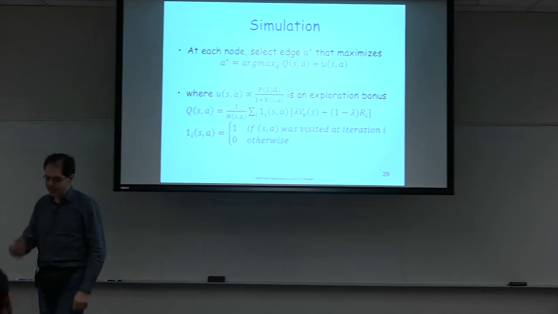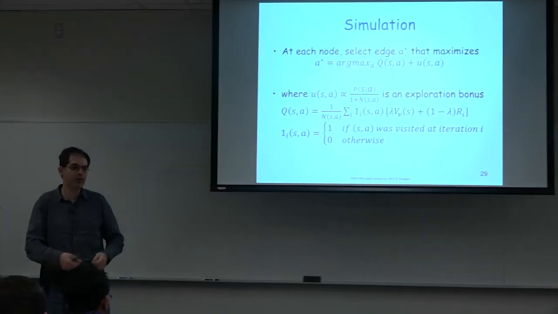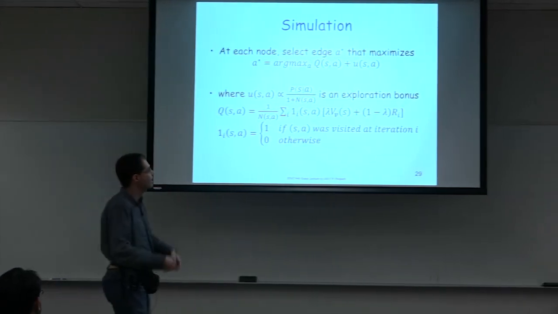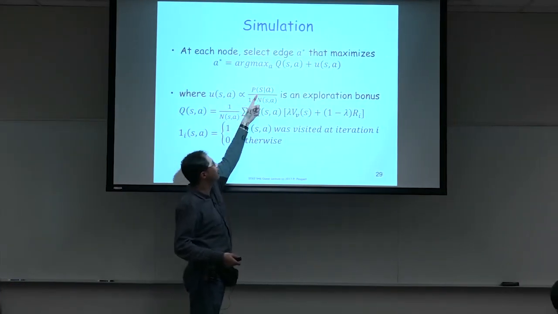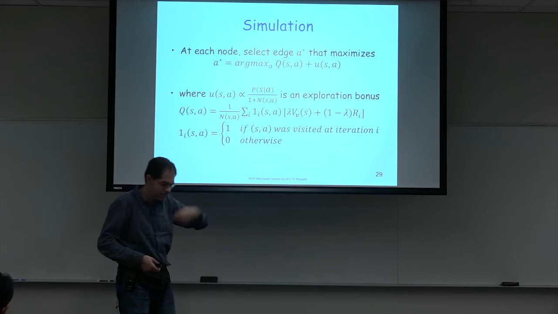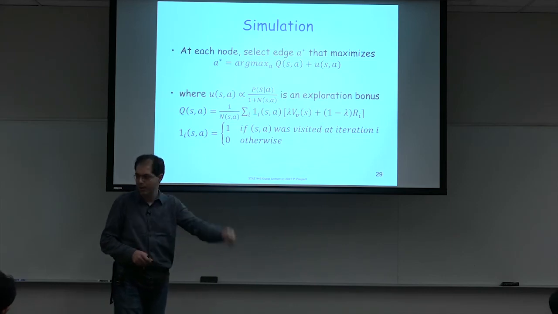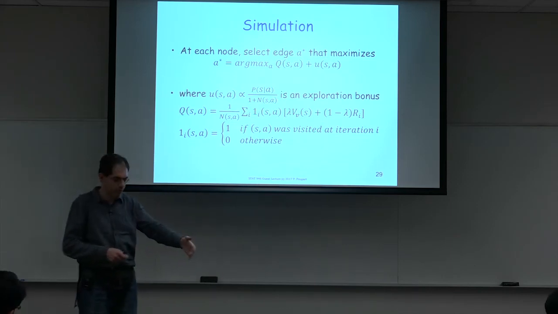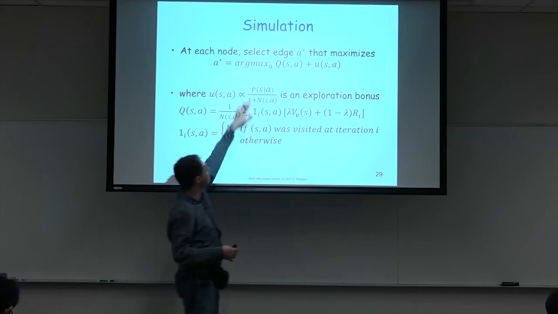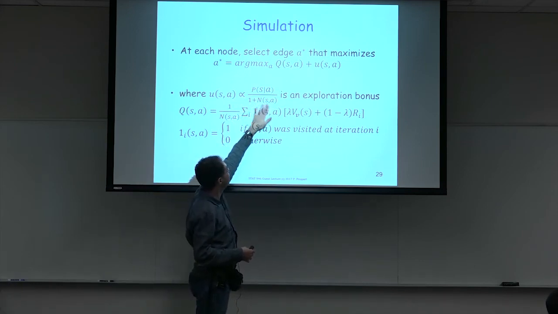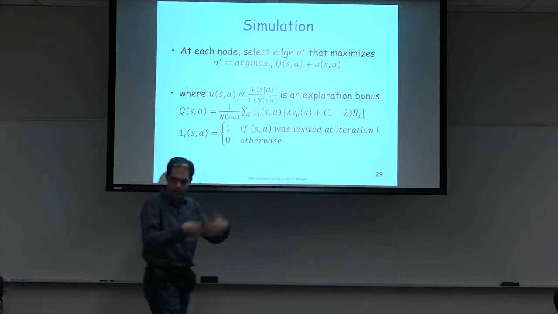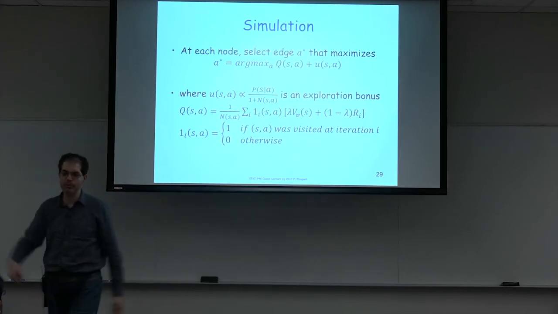So the idea is that at the beginning it is going to focus on the actions that are most likely to be chosen according to our current policy. But once it has tried an action that corresponds to our current policy many times, it will decrease the bonus simply because it divides by this sum. So over time it will be forced to explore gradually.